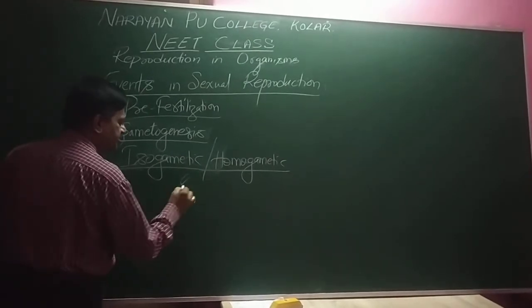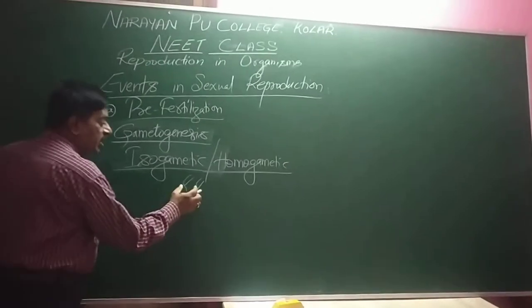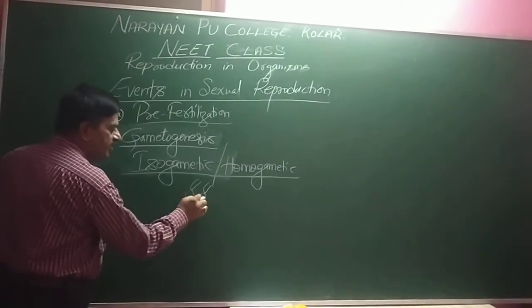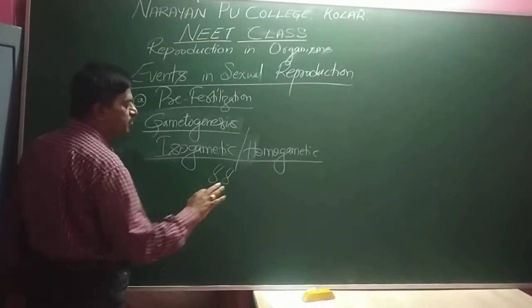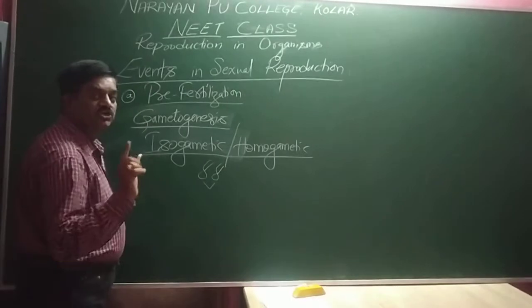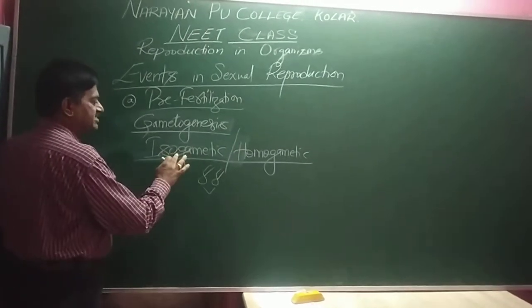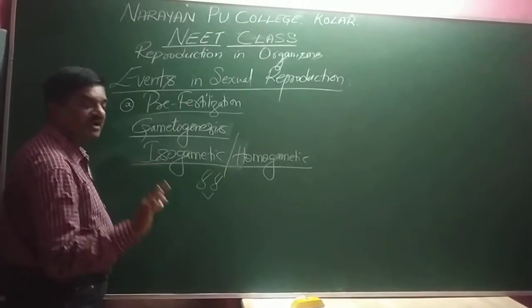This we can notice in some of the algae. In algae, we can't call the gametes male or female because both are similar. These gametes fuse together to form a zygote. Hence, since these gametes are similar, we use the word isogamatic.